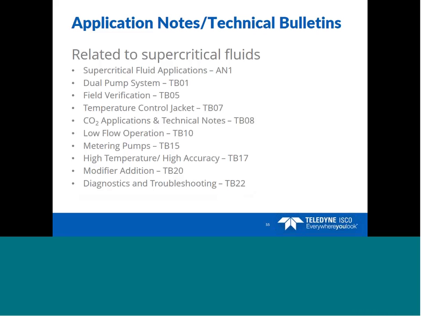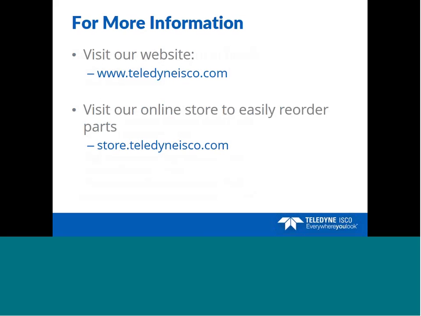We have one on metering pumps that explains how the syringe pumps function. If you want to operate at high temperature or high accuracy, how to set up and operate that, and how to connect it, what kind of things are available, how to operate modifier addition, and last, diagnostic and troubleshooting. This is not a complete list of notes, but these notes contain a lot of information we covered today.